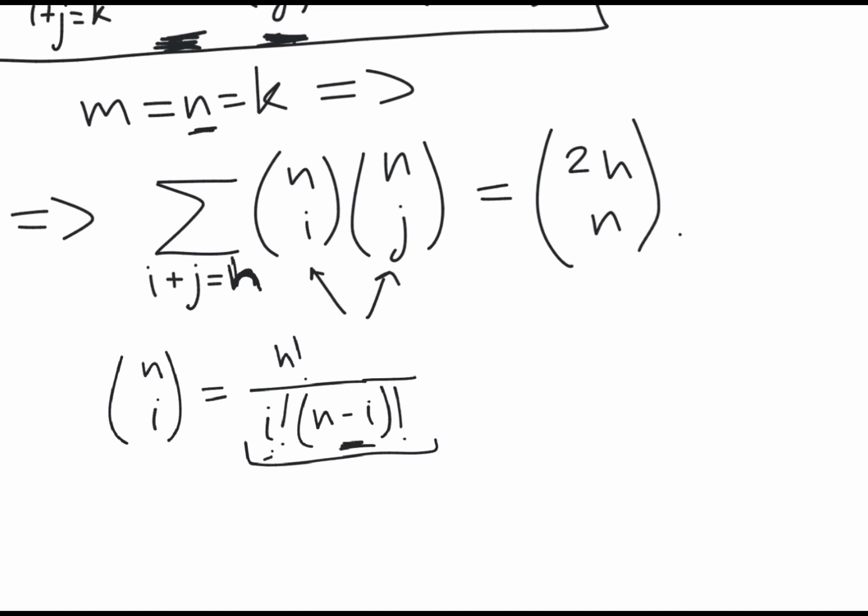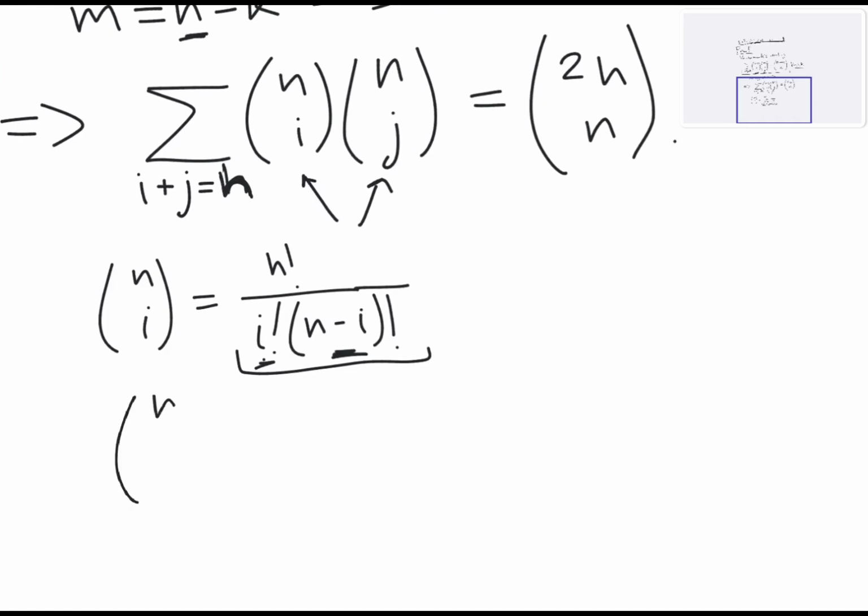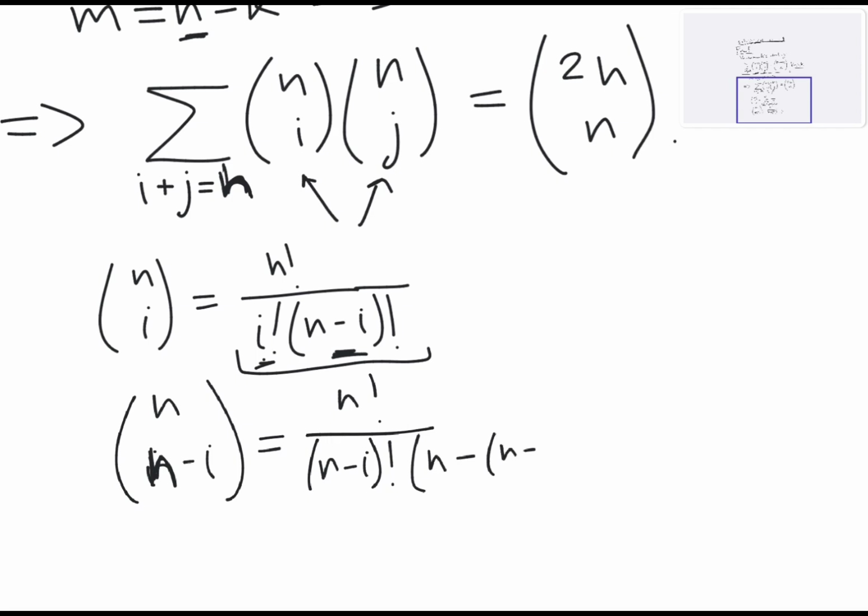If we replace i with n minus i, this binomial coefficient n choose n minus i would be equal to n factorial over n minus i factorial times n minus, n minus i, factorial, and of course this is equal to i.